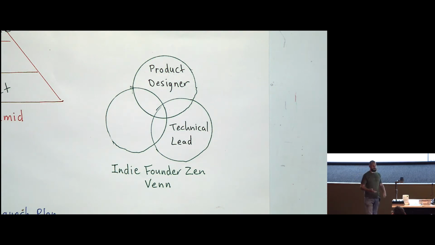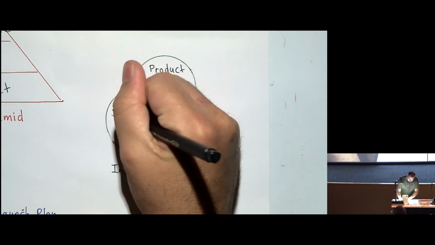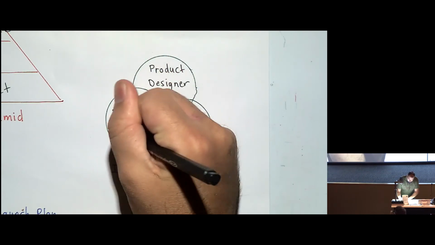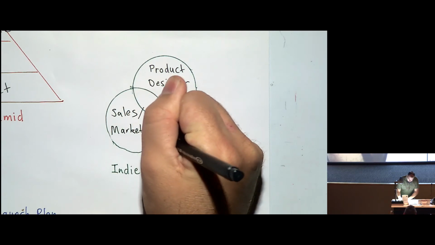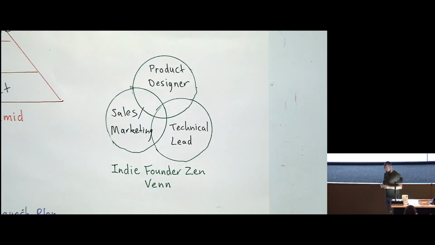So wouldn't you agree that that person is equally important? And now, with these 2 people, you might get a product, but there's no point in having a product if nobody knows about it, if you're not making any sales. So you need, equally as important, a sales, marketing person. And depending on what your startup is, you might be more heavily towards sales or maybe more towards marketing.